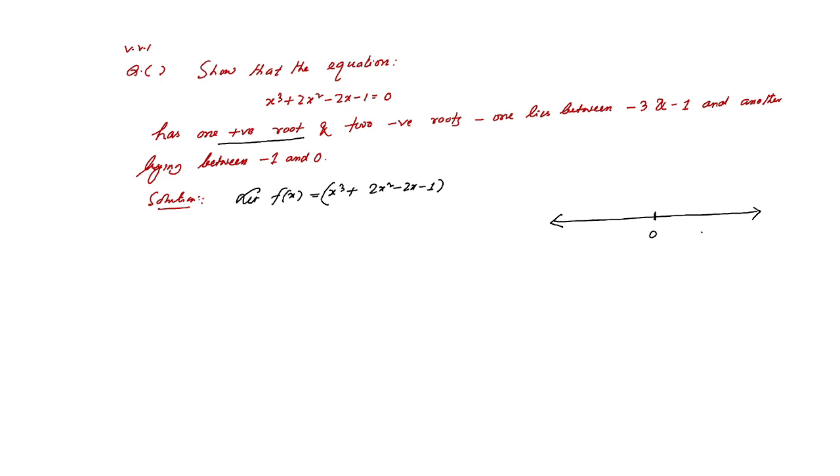It has one positive root, so one root is here between 0 and infinity, and two negative roots. One lies between -3 and -1. So this is -1 and this is -3. So a negative root lies in this interval and the other lies between -1 and 0. That we need to show.